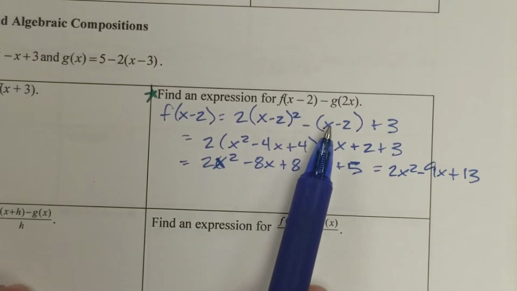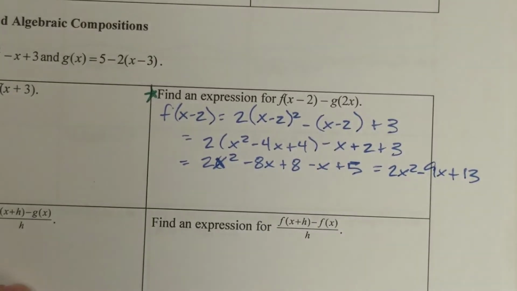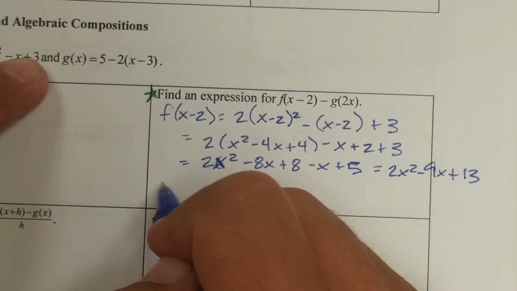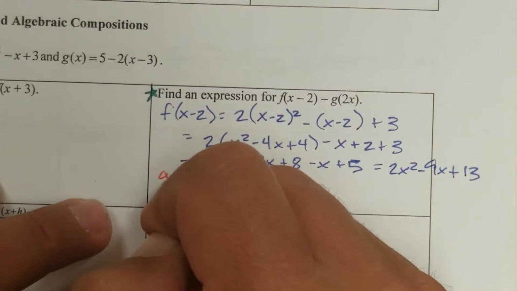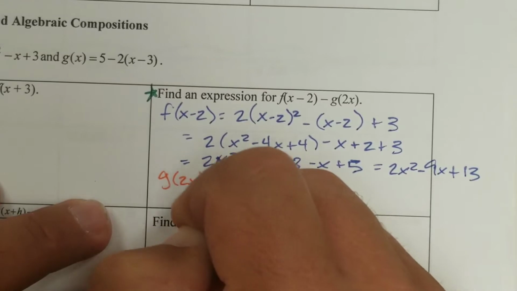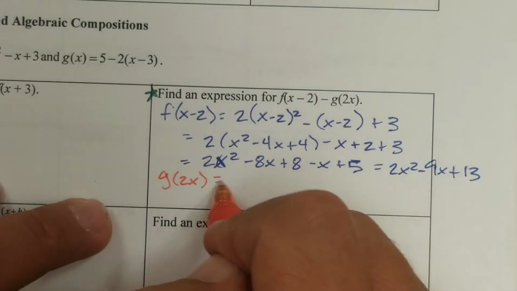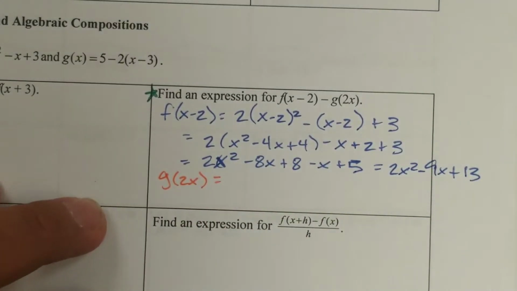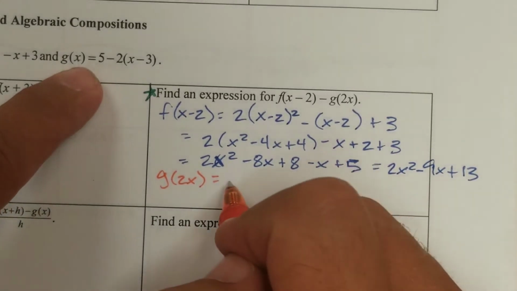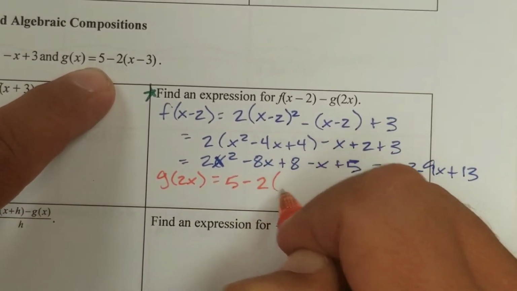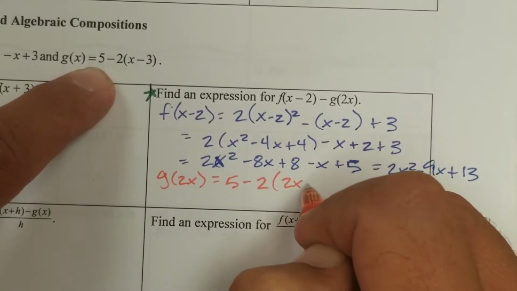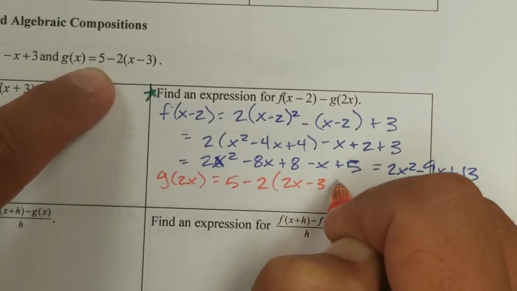And then I'm going to find g of 2x. So let's do that real quick. Let's see, I can use a different color here. So g of 2x, so 5 minus 2x minus 3.